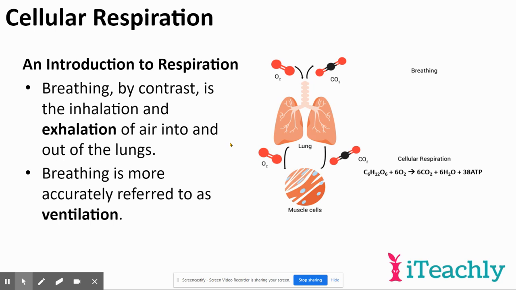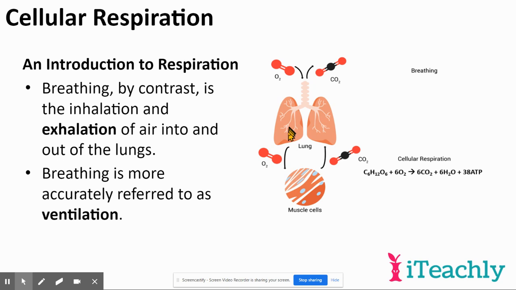Breathing, by contrast, is the inhalation and exhalation of air into and out of the lungs. Breathing is more accurately referred to as ventilation. So you breathe in oxygen, it goes into your lungs, and your lungs have lots and lots of surface area.